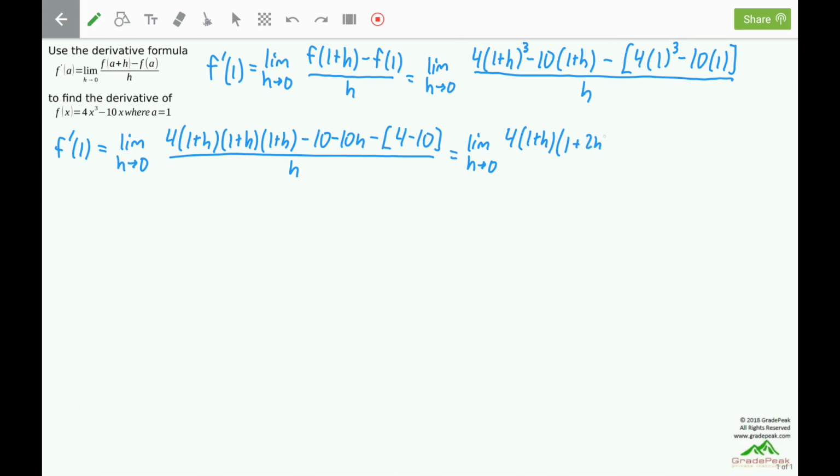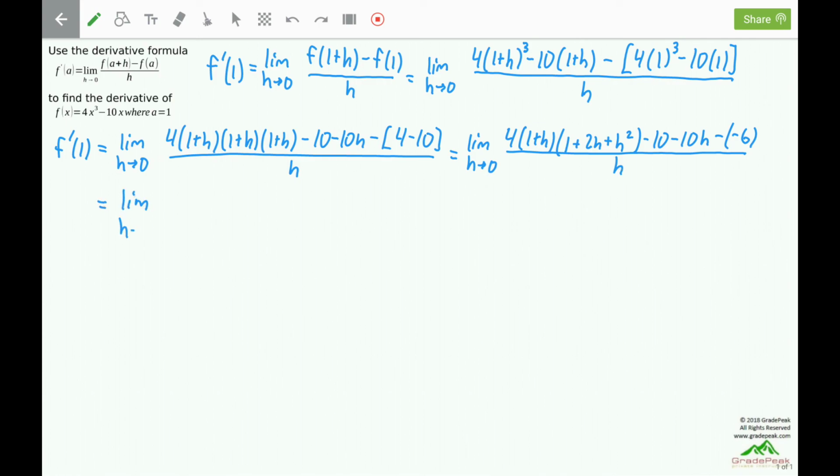And then last is h times h, which is h squared. We have a minus 10, a minus 10h, and then minus in the brackets will be a negative 6, all over h.